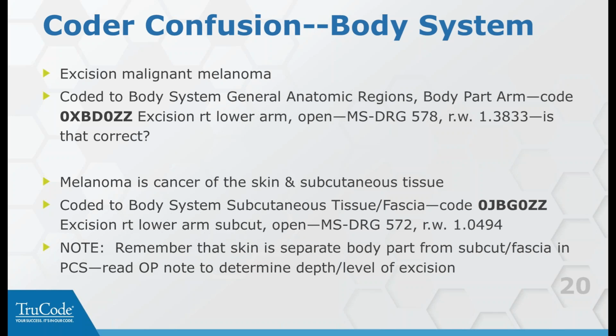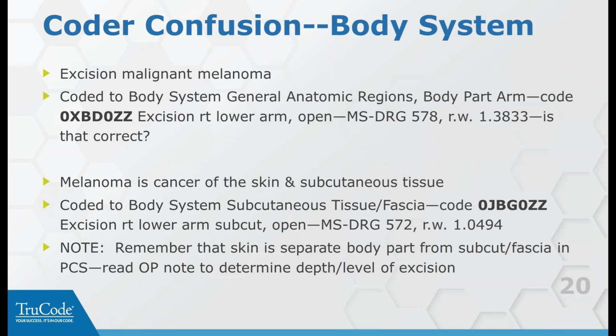So the body system for that, and I particularly put subcutaneous tissue and fascia here because typically they go below the skin level with a melanoma excision because of the severity of the melanoma. So typically it is going to be coded to the subcutaneous tissue and fascia body system. And you can see of the arm, and you can see the code there, and you can see the impact on the DRG. It does group to a lower weighted DRG than if you code it to the body part of arm and the body system of general anatomic region. But obviously that is the correct way to code it.